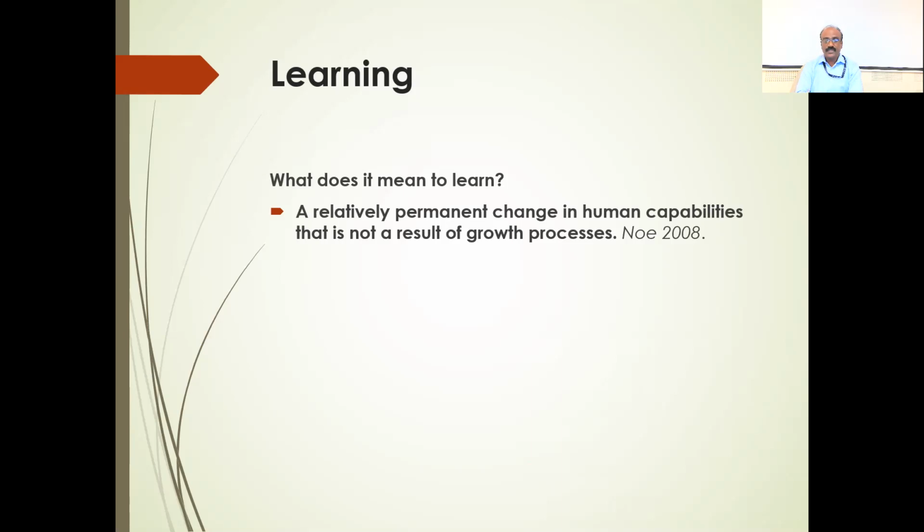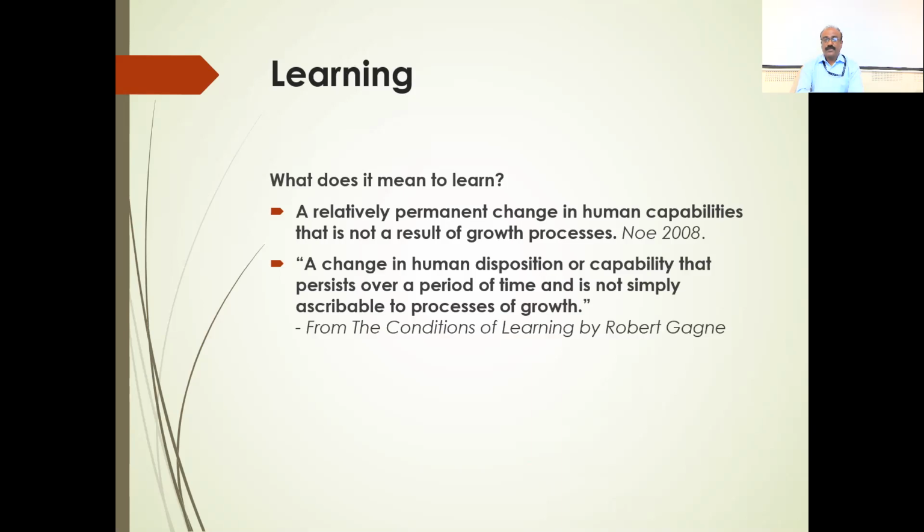He says, learning is a relatively permanent change in human capabilities that is not a result of growth process. At the same time, Dr. Robert Gagne, a popular educational psychologist, defines learning as a change in human disposition or capability that persists over a period of time and is not simply ascribable to process of growth.